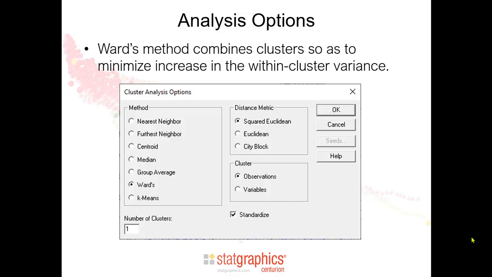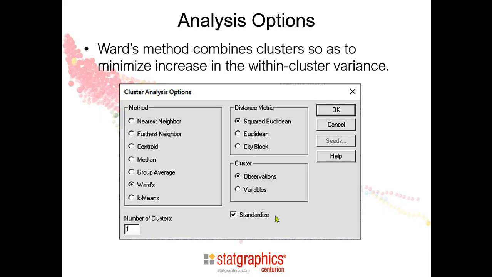You can make other selections on this dialog box. You can choose a different distance metric if you like. I've chosen the most popular, which is the squared Euclidean distance. You can tell it also that you'd like to cluster variables instead of observations, although that's much less common.